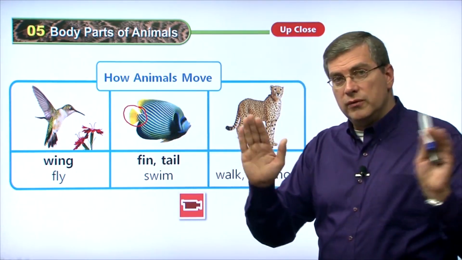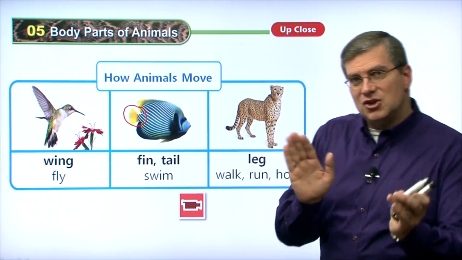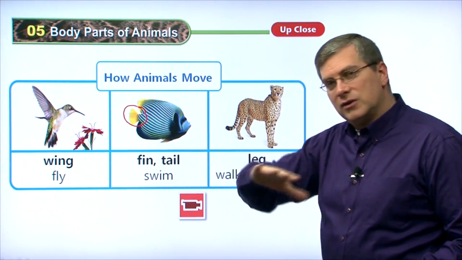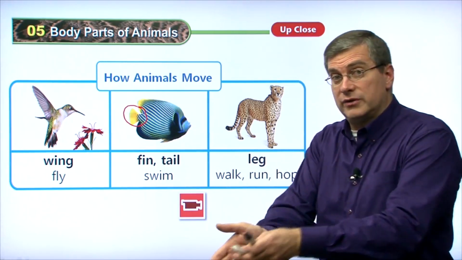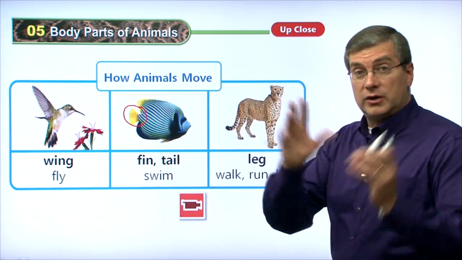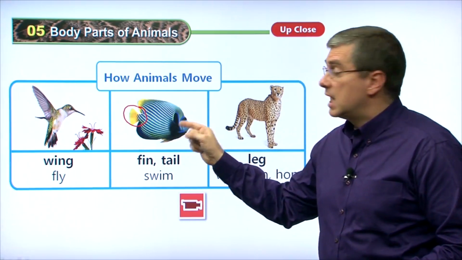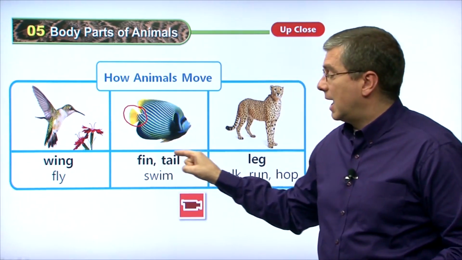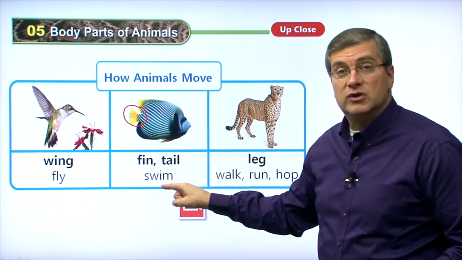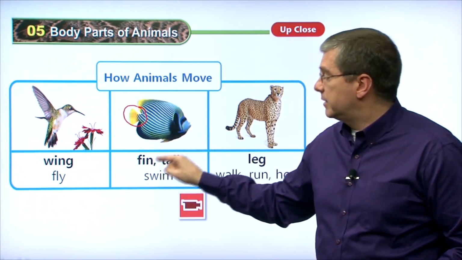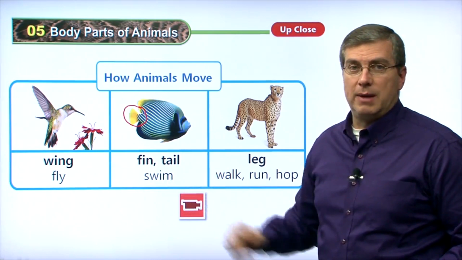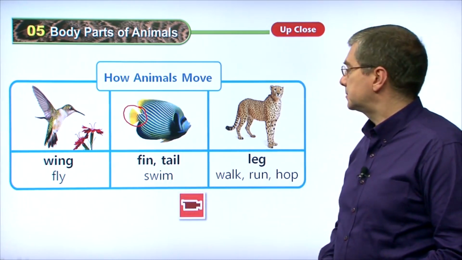These fins can move, right, to help change direction. And these fins also help change the direction of the fish where that fish wants to go in the water. So our sentence: fish use fins and a tail to swim. Okay, so that's our sentence.